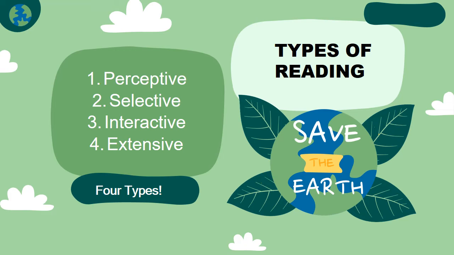The fourth is extensive. Extensive reading, as discussed in this book, applies to texts of more than a page, up to and including professional articles, essays, technical reports, short stories, and books.